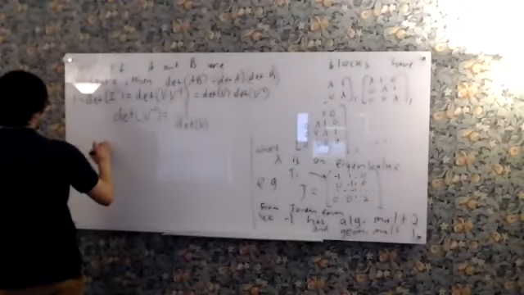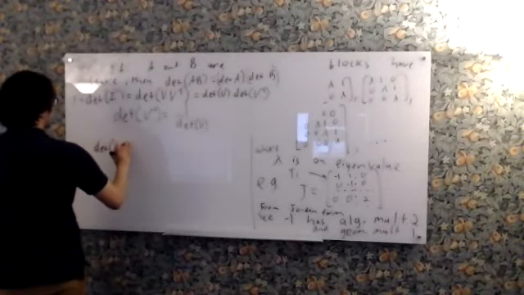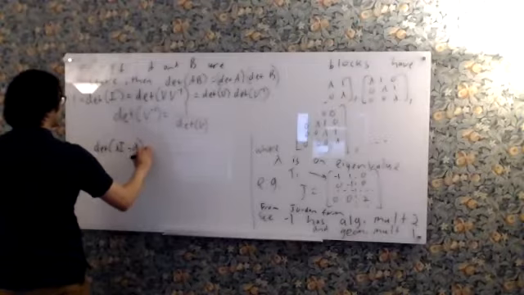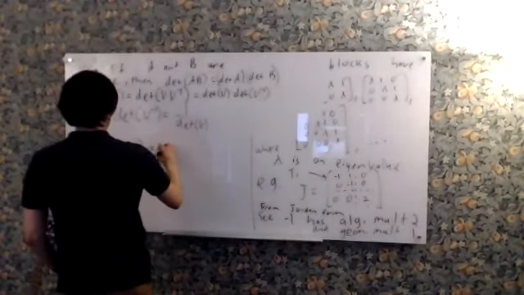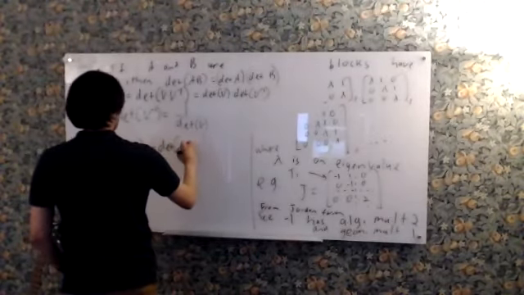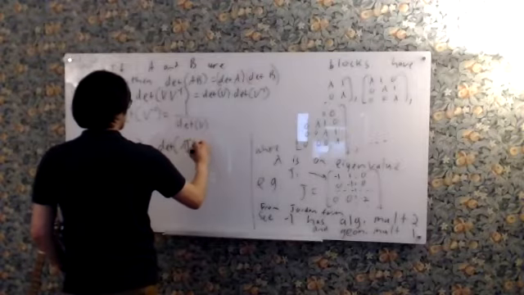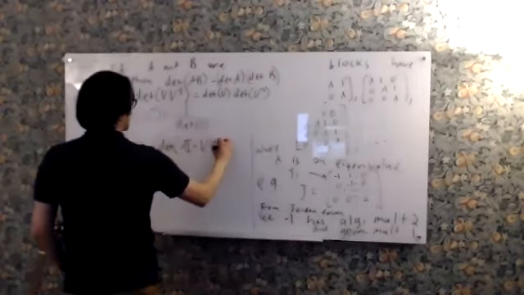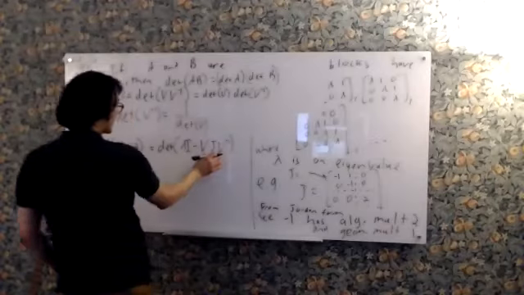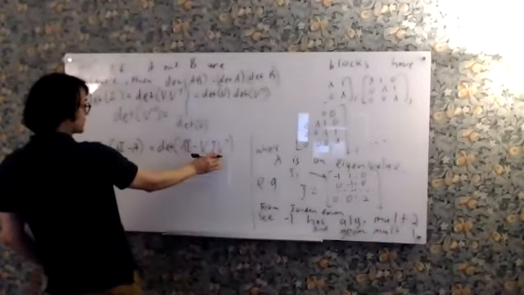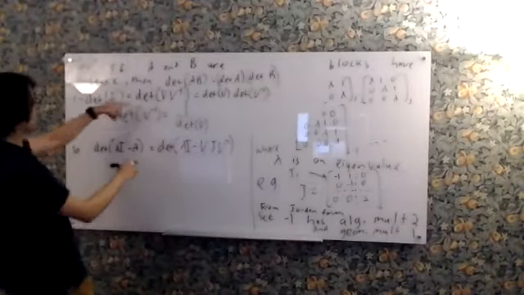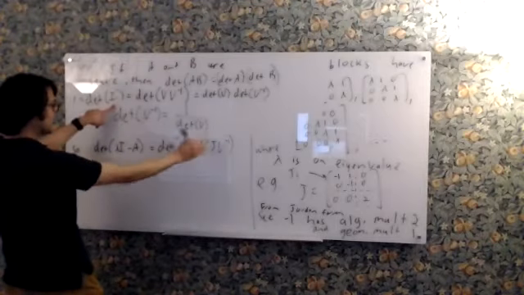So det of lambda I minus A is equal to det of lambda I minus V J V inverse. This is just how we were defining the Jordan form: there is some matrix V that makes this true. And of course, I can always represent I as V V inverse.